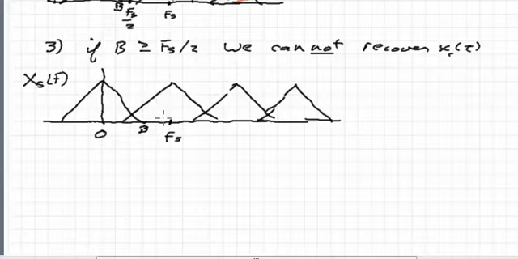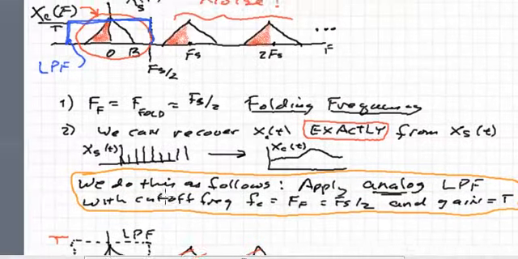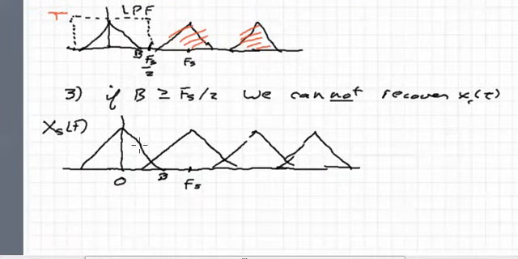Remember that this thing is a sum of all these triangles. And if you actually add these together, think about adding this point to this point and this point to this point. What we end up with is something that comes down that looks like this.